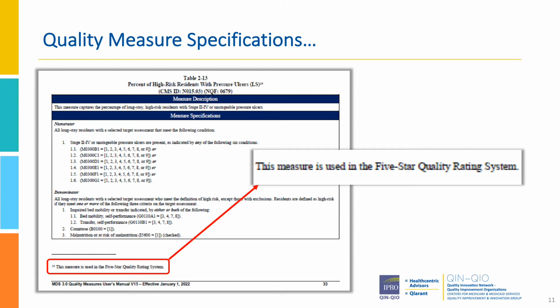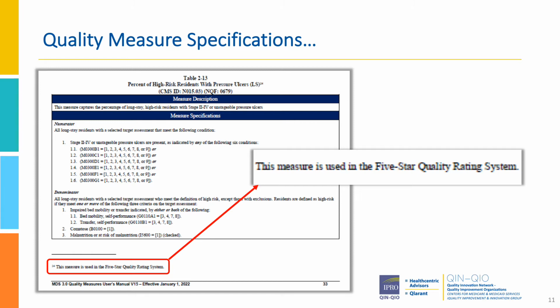By using this resource, you can clearly see what item or items on the MDS places the resident in the numerator, again also known as triggers, as well as what MDS coding responses will exclude them from the calculation. The specification explanations are very detailed to the individual MDS items that impact this quality measure.